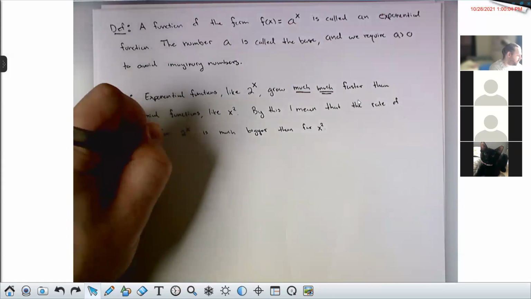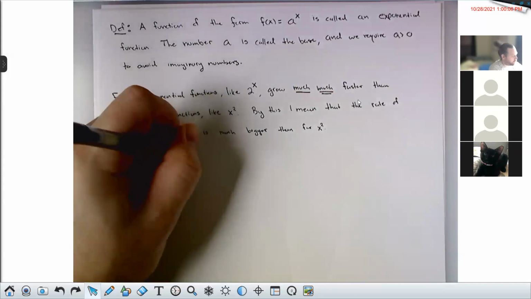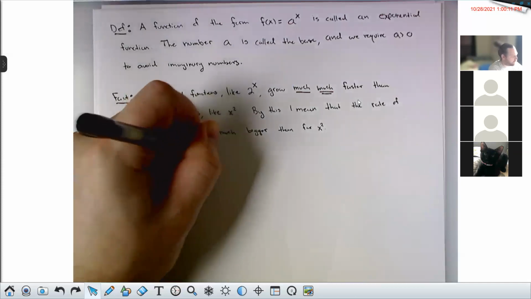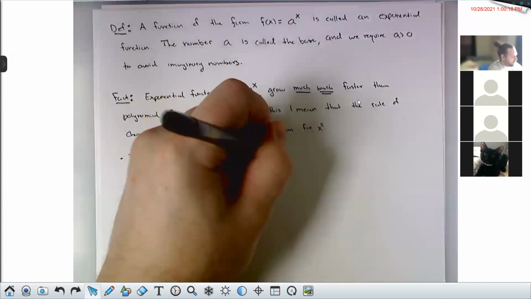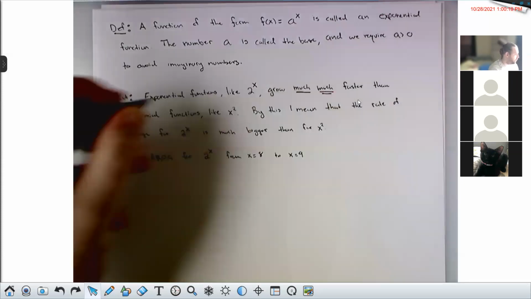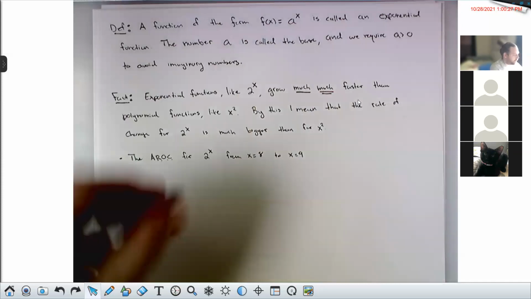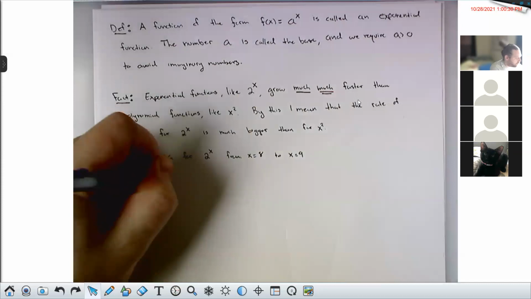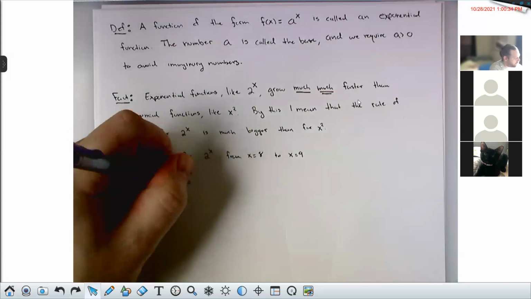The average rate of change for 2 to the x, and let's look, say, from x equals 8 to x equals 9, what would this be? Well, remember, it's f of b minus f of a divided by b minus a. So that would be 2 to the 9 minus 2 to the 8 divided by 9 minus 8.